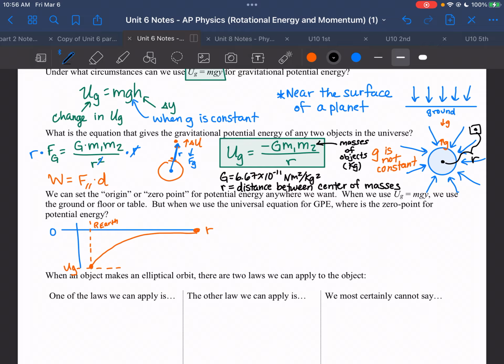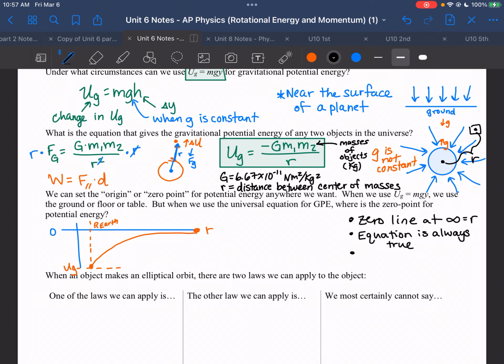Now, there's a couple of things we need to make note of here. Firstly, the zero line, so zero energy, is at a radius that is infinitely far away. This equation is always true. It's universal, so you can use it instead of mgh.